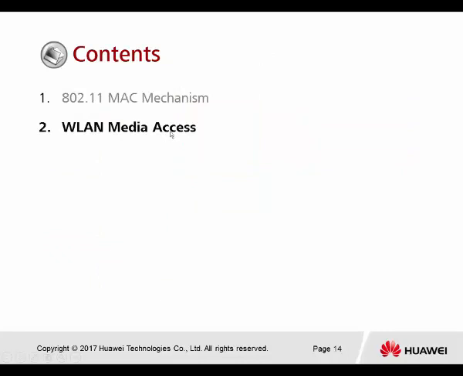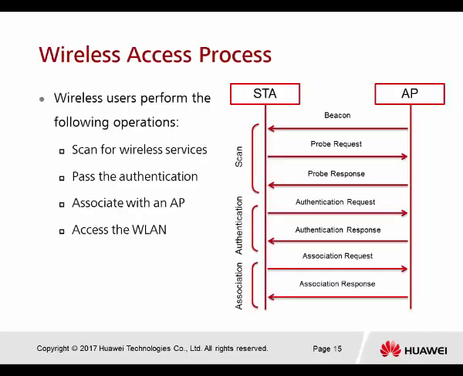Number 2, WLAN media access. Wireless access process. The picture here shows one SDA and one AP. A wireless user performs the following operations: scan for wireless service, pass the authentication, associate with the AP, and access the WLAN.